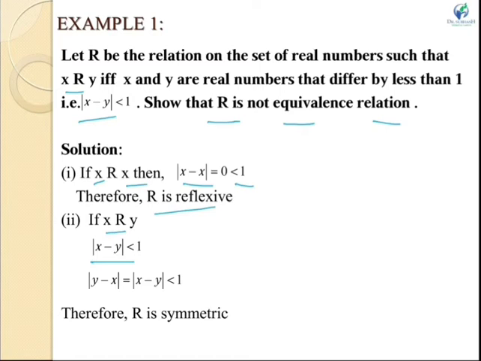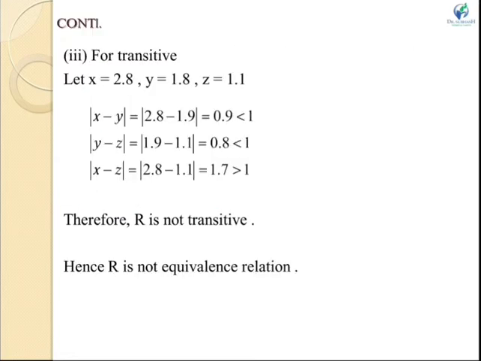Now since it is a mod, you can also write y minus x, and y minus x is less than 1. So you can say that R is symmetric. So now it is obvious that the transitive property must not be satisfied.